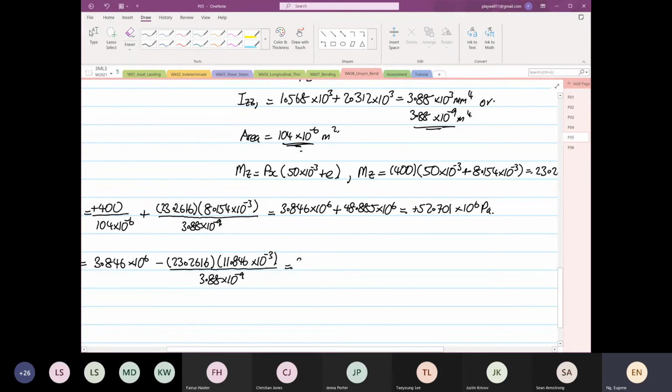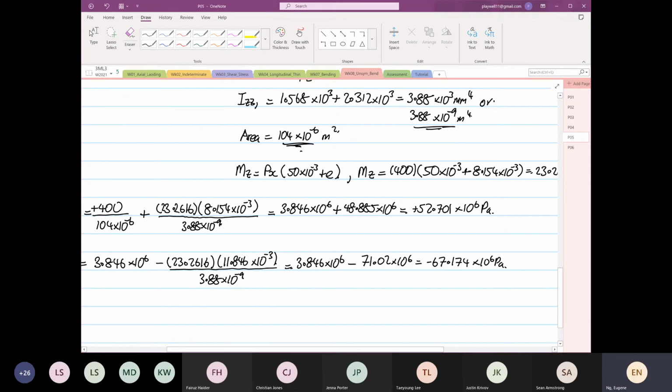Okay, so this will be equal to 3.846 times 10 to the power 6 minus 71.02 times 10 to the power 6. So this will be equal to negative 67.174.